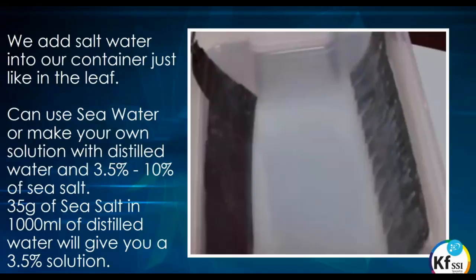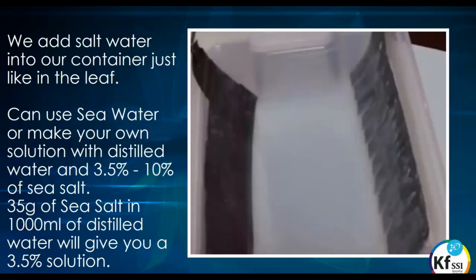So within that box, once you've set up your plates, we add the salt water into our container, just like the leaf. If we're close to the beach, we can use the seawater, or you make your own solution with distilled water, and you could use between 3.5% to 10% of sea salt. I know the ocean water will vary with salt concentrations of around 4.5% to 5.5%, depending on where you are in the world.